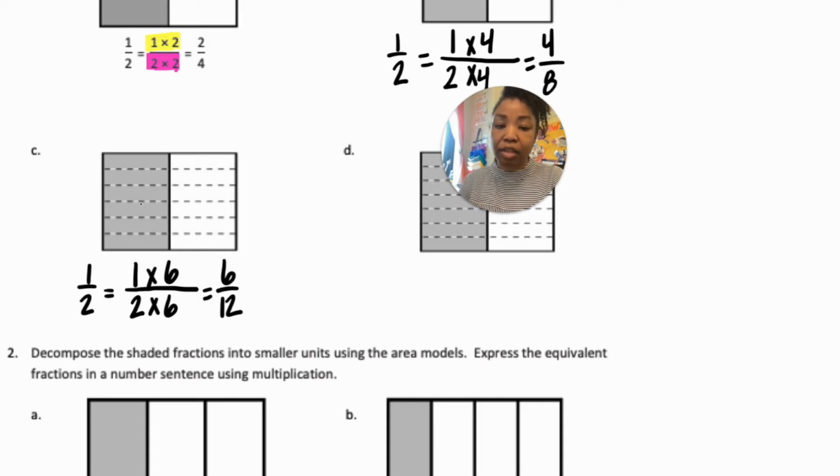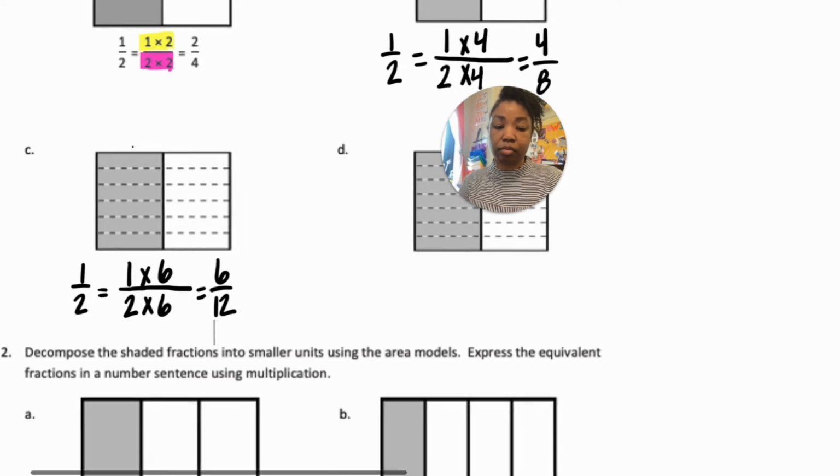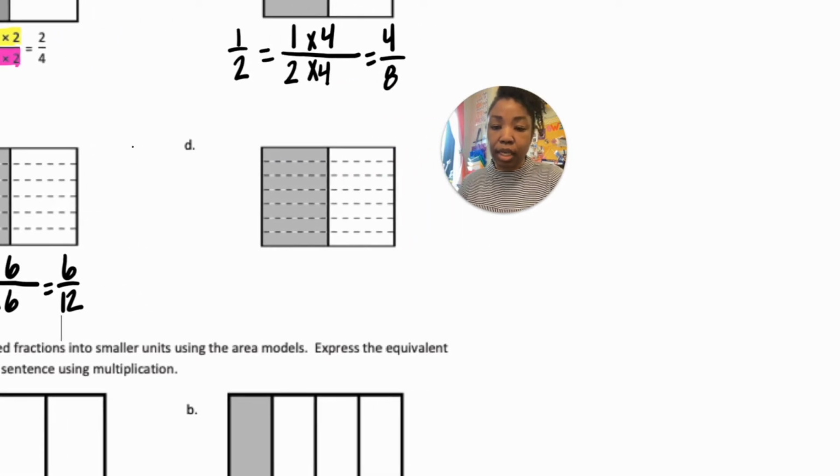So 1/2 is equal to 6/12. For D, we have 1/2. We made 1, 2, 3, 4, 5, 6, 7 rows. So I'm doing 1 times 7 and 2 times 7. Notice how what I do to the top, I do to the bottom. That equals 7/14.